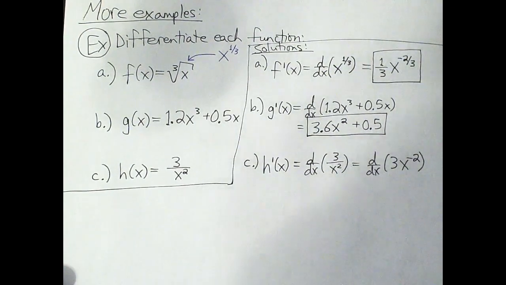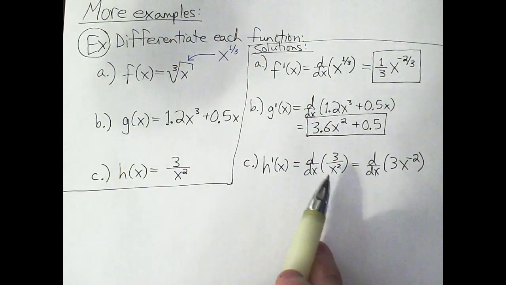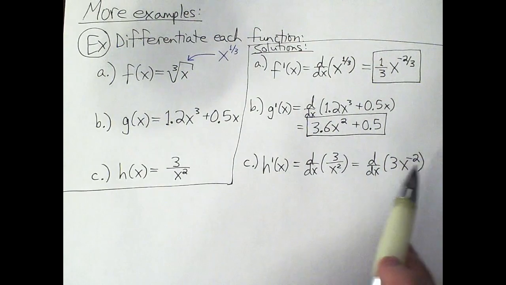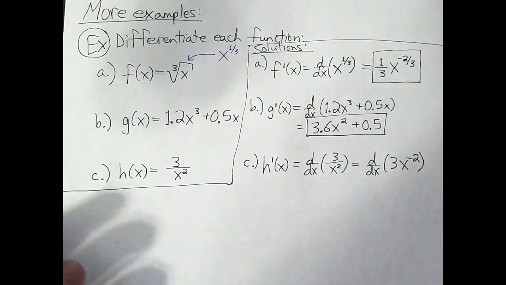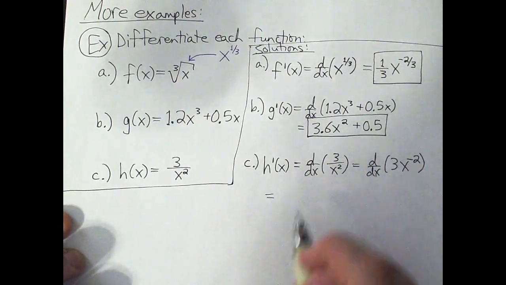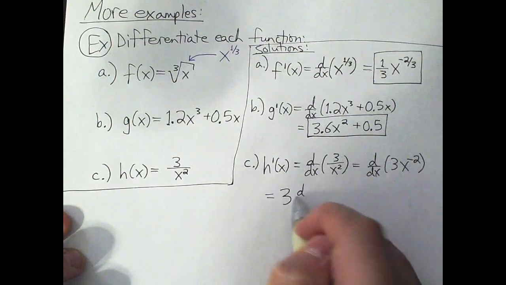So I was hoping that you would notice that. X squared in the denominator is the same as just x to the negative 2. And then once you see that it's that way, you say, oh, I could pull the 3 out.